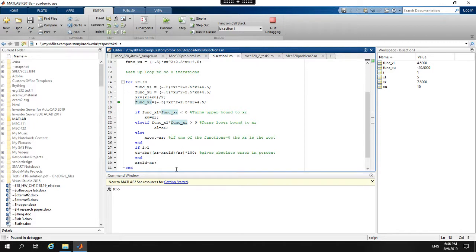I'm not sure exactly which ones, but this is a common way. So absolute error is basically taking the error from your last one. I calculated the absolute error to be the absolute value of xr minus xr old over xr times 100, so that's going to give it a percent. So this isn't totally correct. Just disregard this.